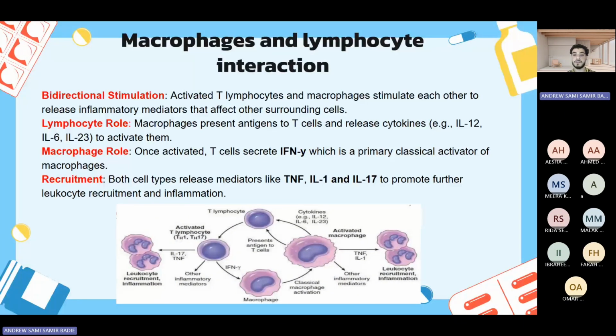They present the antigen to the T lymphocytes and use cytokines like interleukin 12 and 23 to activate them, and the T lymphocytes in turn release interferon gamma. Whenever you see interferon gamma, think about macrophages. And the cycle goes on.